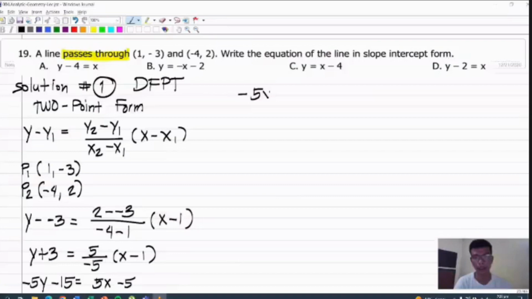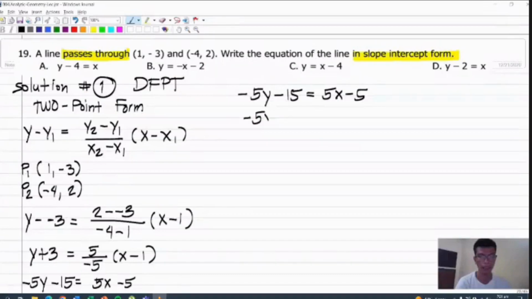At kung mapapansin kayo, bahala kayo kung ano gusto nyo unahin. Siguro, sige, dahil ang nare-require sa atin is the equation of the line in slope-intercept form, ang target natin yan is that the y must be isolated. So, para maiwan si y, unang-una, ilipat muna natin si negative 15 sa kabila. So, negative 5y is equal to 5x.